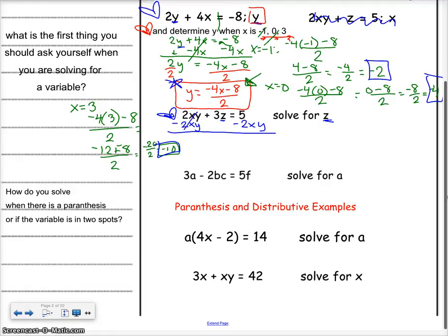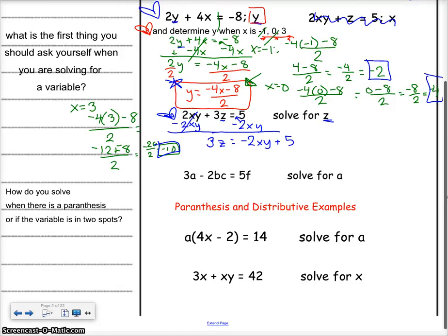That cancels this out, and you have 3z equals, we just kind of put it in front, negative 2xy plus 5. Because you can't combine them, they're not like terms.